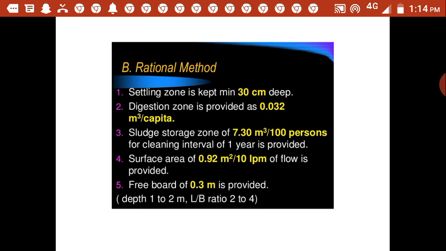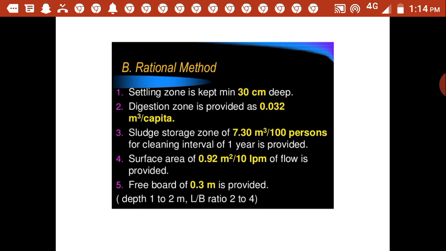Then surface area normally of 0.92 meter square per 10 liter per minute of flow, means LPM, should be provided.